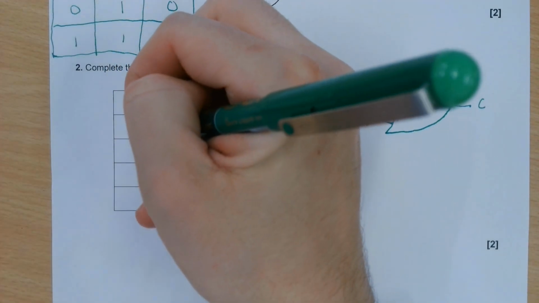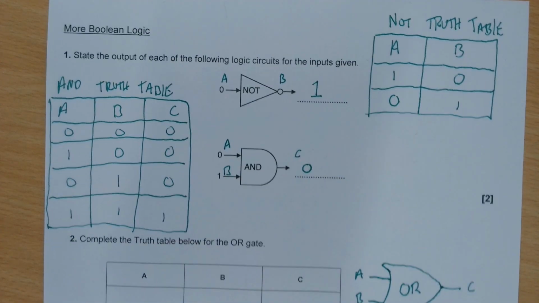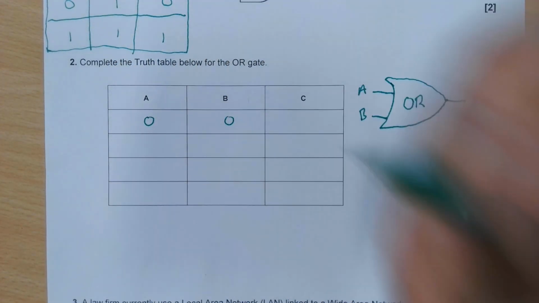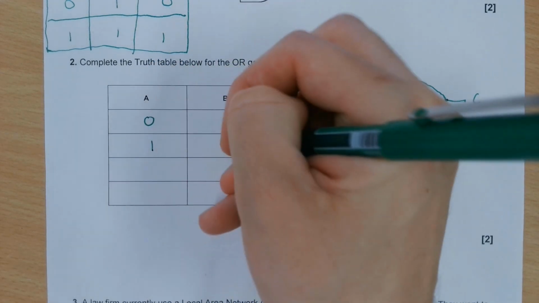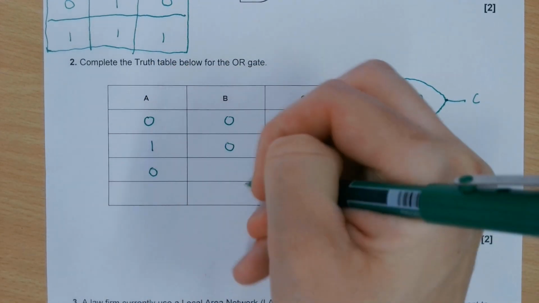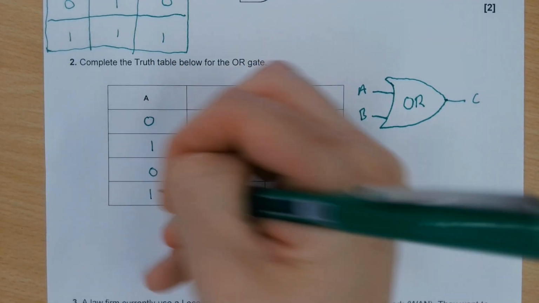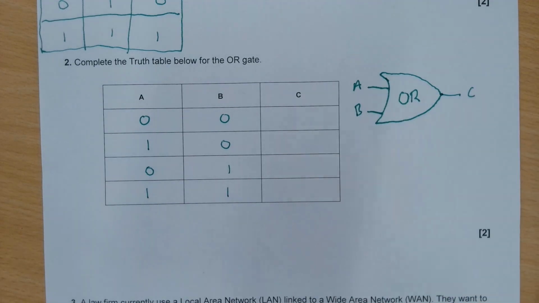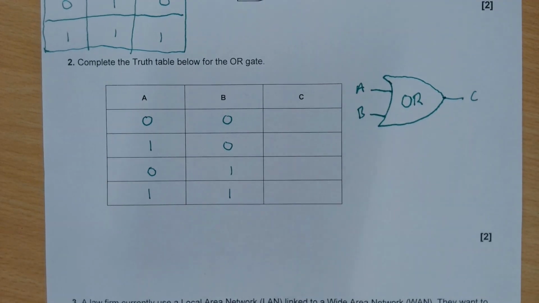Just like we did in our AND truth table, we do the same. 0 and 0. We can have 1, 0. We can have a 0 and a 1. And then finally a 1 and a 1. Those are all of our possible inputs for our OR truth table.